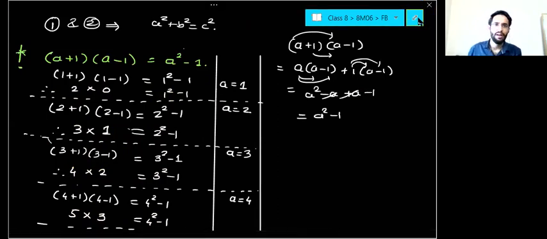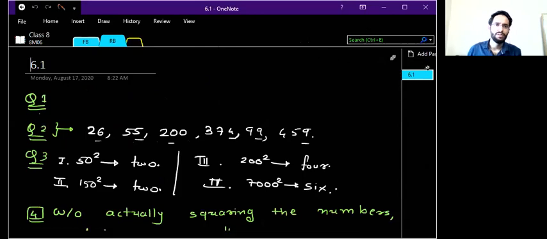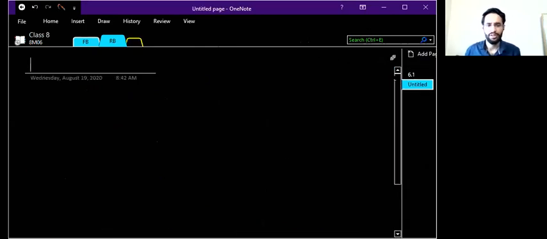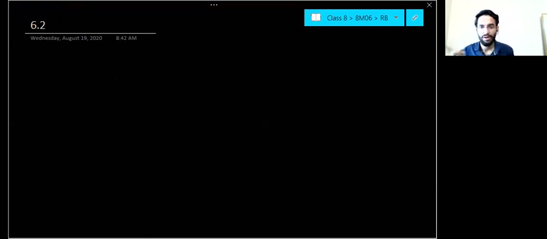Now let us start our exam corner. Let me add a new page. This is our 6.2. Question number 1. Which of the following can be expressed as a sum of two consecutive integers? Understand this: sum of two consecutive integers, and I will show you that.